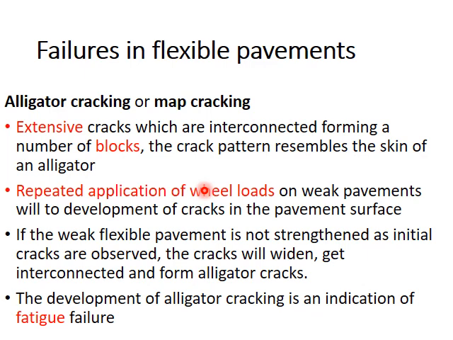So this is formed due to the repeated application of wheel loads on weak pavements. And as the cracking goes on, if we do not rectify the cracks, it gets spread to a larger area. And development of alligator cracking is also an indication of fatigue failure of flexible pavements.